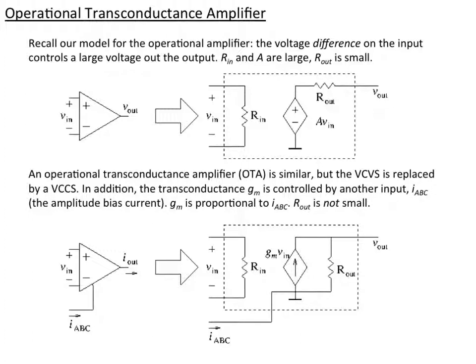And we control the transconductance of that source, the gain, how the current out relates to the voltage in, with another current that we put in, the amplitude bias current, which I show coming in here and going to ground. That's not exactly what happens, but it comes in and goes to ground, and that current controls the GM value. The other difference is that R out is not small. It varies depending on the gain, but it's a large value of resistance.